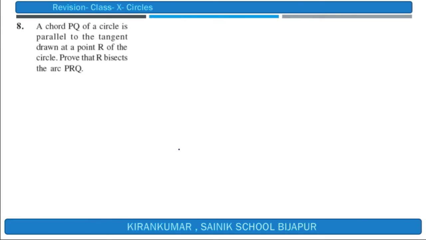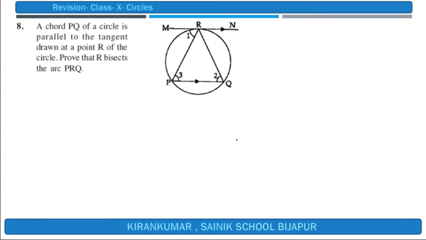Question number 8. A chord PQ of a circle is parallel to the tangent drawn at a point R of the circle. Prove that R bisects the arc PRQ. Let's take a figure. In this figure, PQ is a chord of the circle.